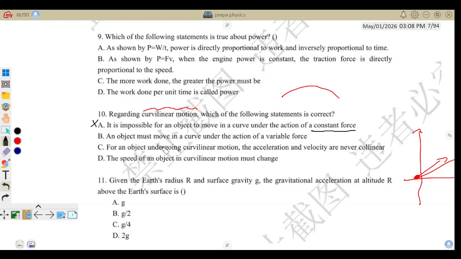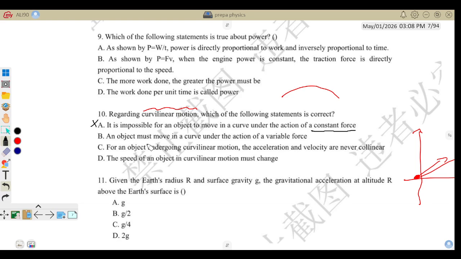For B, an object must move in a curve under the action of a variable force. Again here, it's exactly what we said in the previous question.